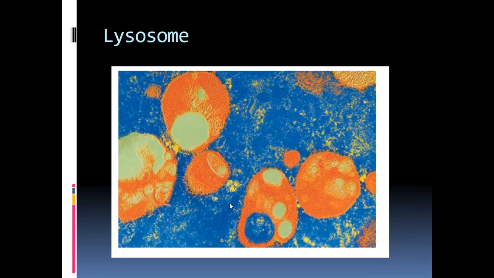Because of that, the function of lysosomes is to digest and break down unwanted structures like old and worn out organelles. In terms of structure, the lysosomes are spherical in shape with a size of 0.1 to 0.5 micrometers and are contained by a single membrane.